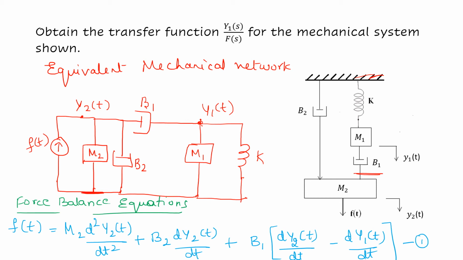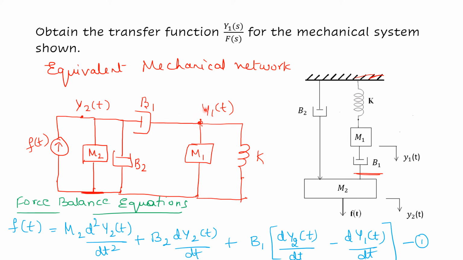The second differential equation we write by considering the node y1. Considering the node y1, the force balance equation becomes: what is present? A mass m1, a spring k and a damper B1 between y1 and y2.